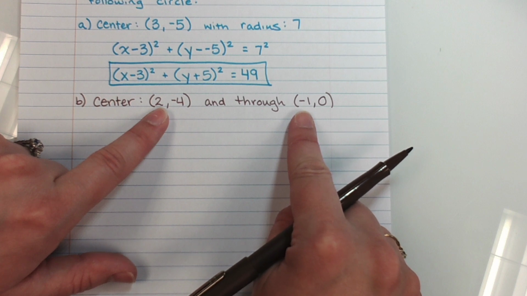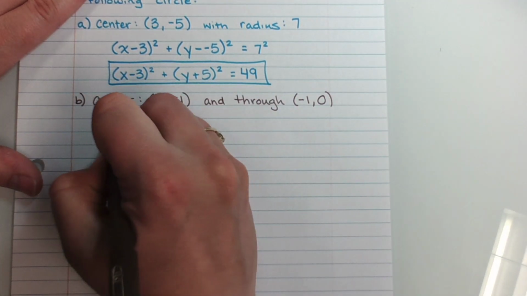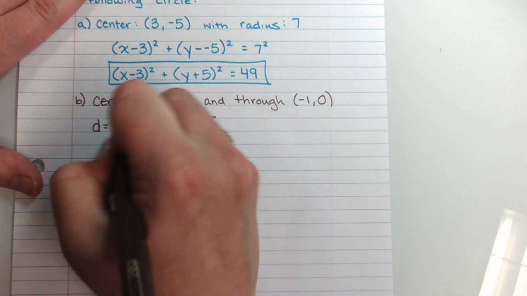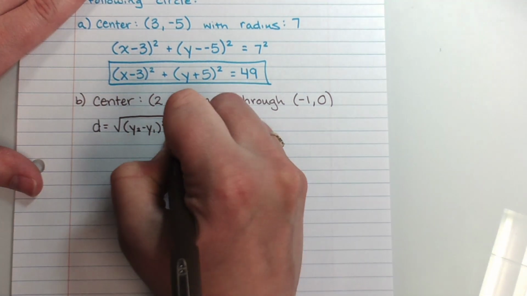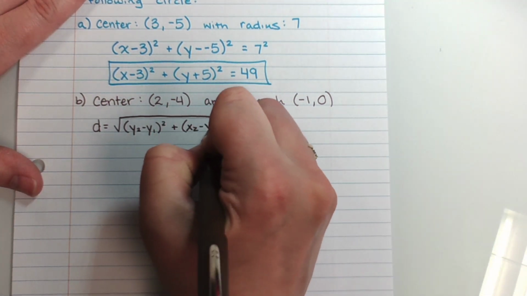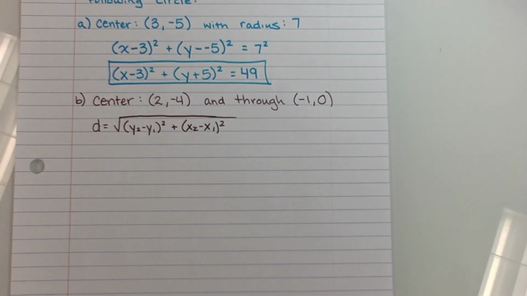Maybe a distance formula. Distance formula, square root of y2 minus y1 squared plus x2 minus x1 squared. That was part of the notes on Friday.